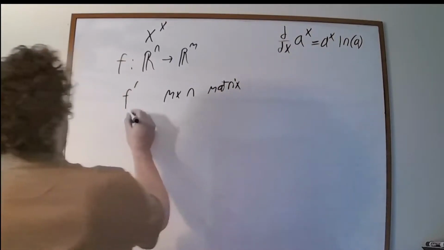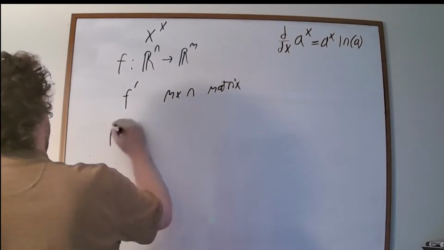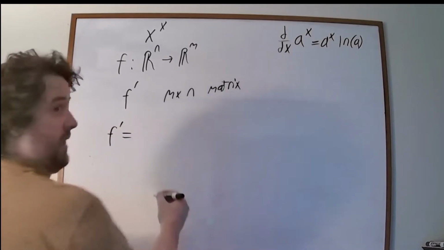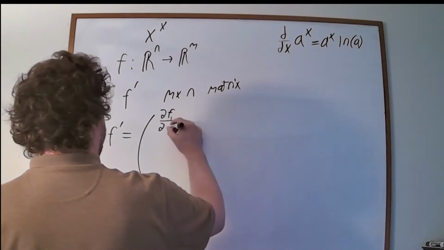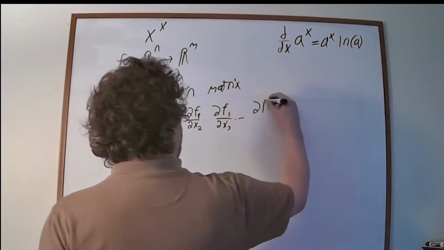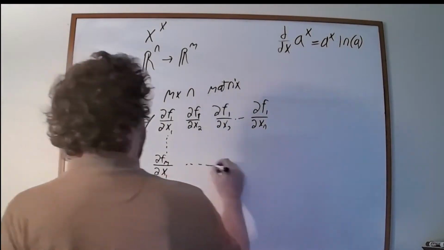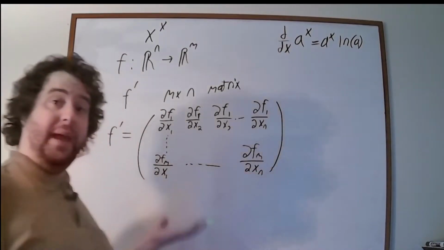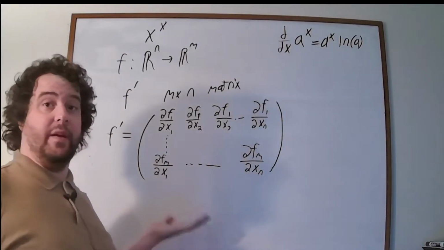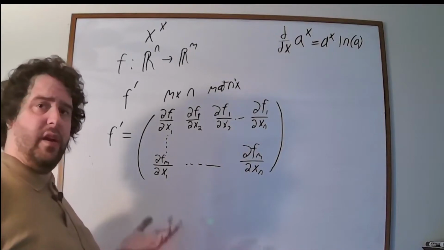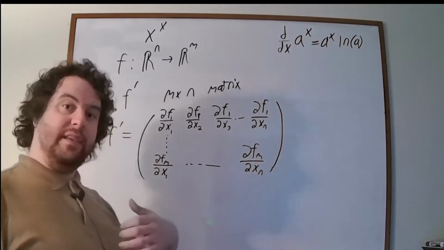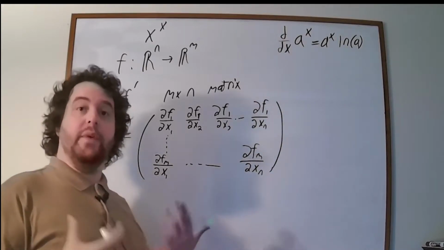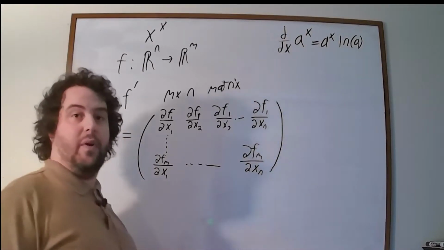And in particular, this derivative is going to be equal to this matrix of partial derivatives here. And the utility of the derivative, right, is that it's the multiplication factor when we construct a linear approximation.